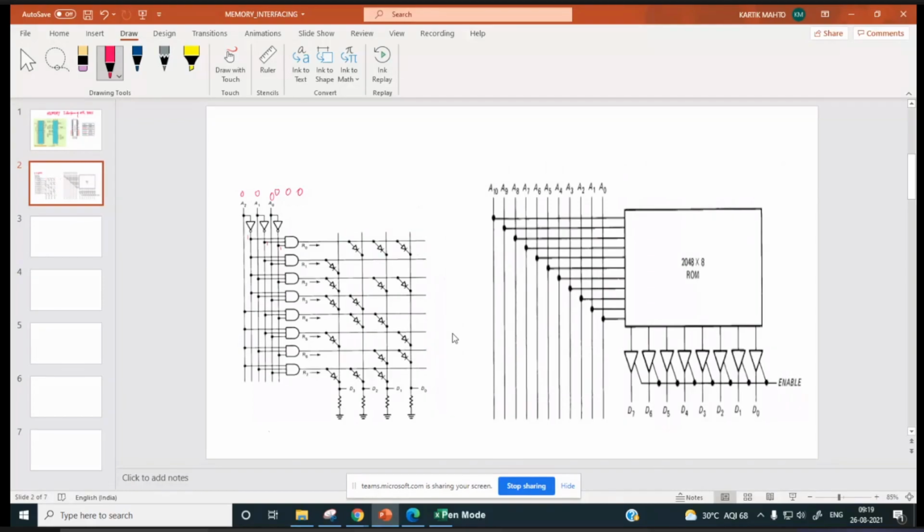So in this diagram, we have a 2048 into 8 ROM. It means what? What exactly do you mean by this?